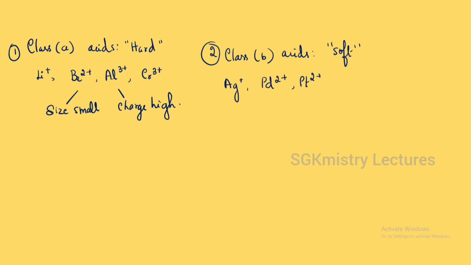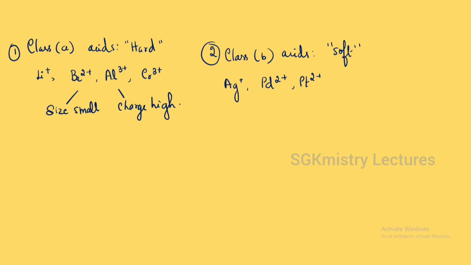So it is very clear that they are of larger size or they are heavier elements. And here the charge is lower when compared to that of the hard acids. And because of the lower charge as well as the larger size, mainly because of the larger size, they are easily polarizable. And mainly here we know that these are the molecules or the ions with larger number of valence electrons.